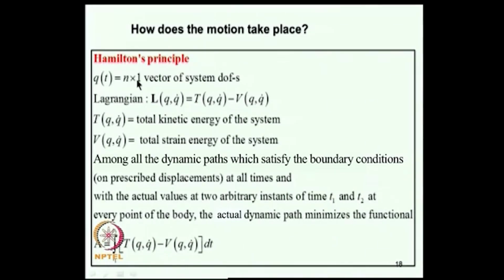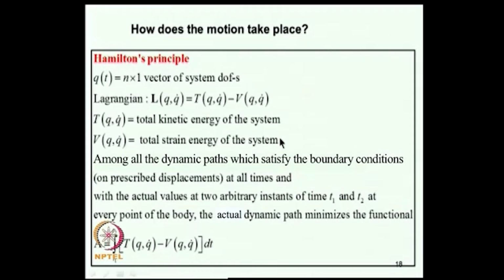Suppose you have a system with n degrees of freedom, and we denote all the degrees of freedom in the vector q of t. We define a function known as the Lagrangian, which is a function of q and q dot, which is the difference of kinetic energy and potential energy. So, T is the total kinetic energy of the system, V is the total strain energy or potential energy of the system.